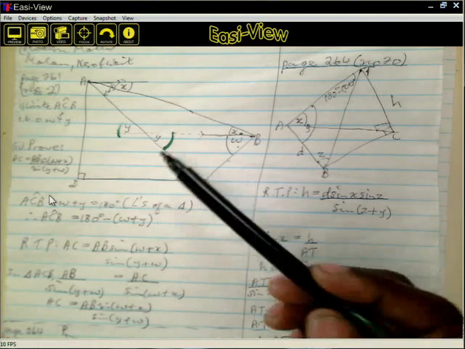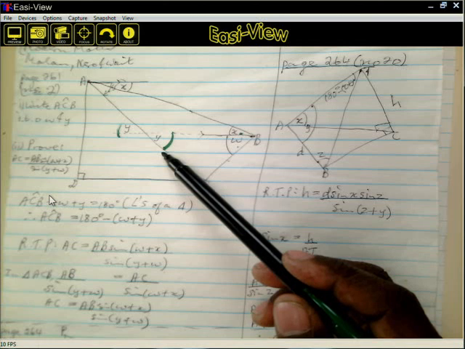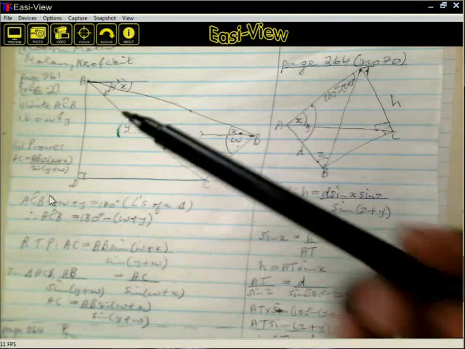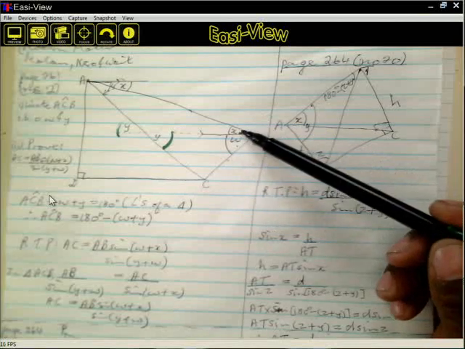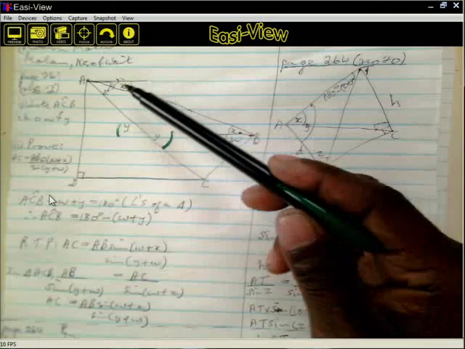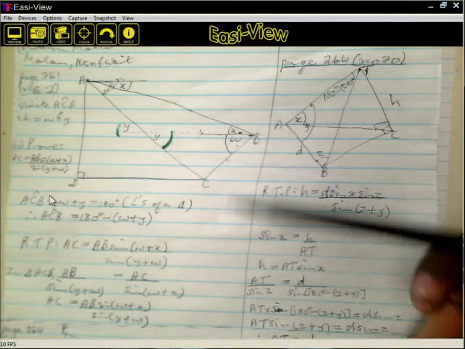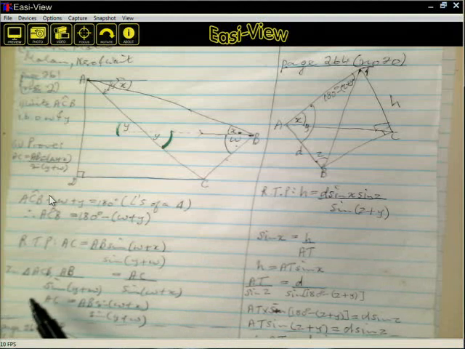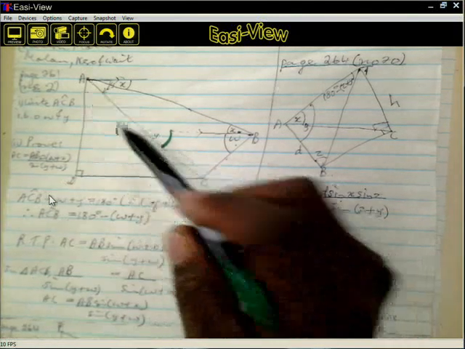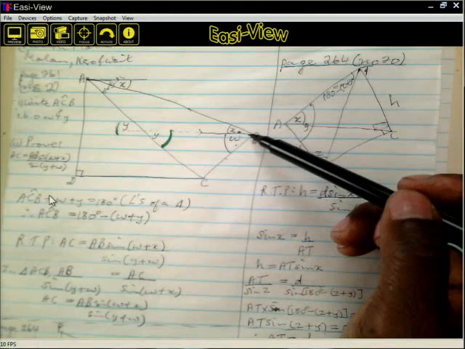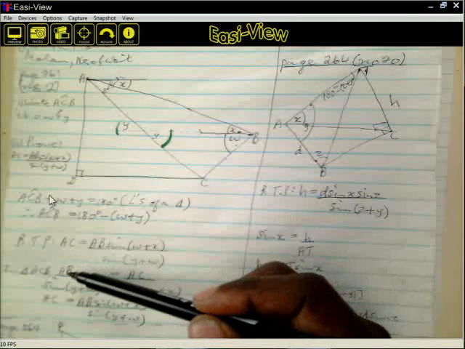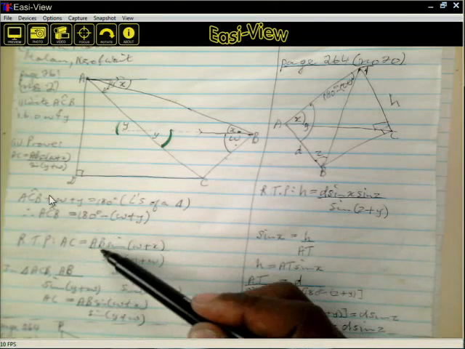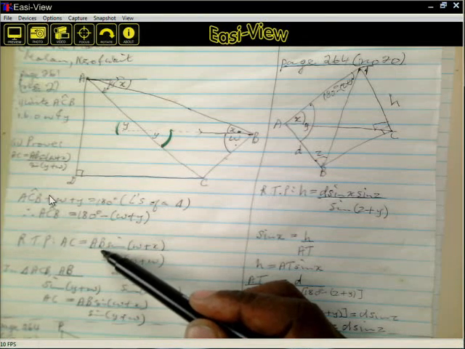In the same way that you did not have Y here, but you had to use your knowledge of parallel lines to get Y here, you also use the same knowledge to get X here, because this X and this angle are alternate angles. And now, in this triangle ACB, which is non-right angled, you need to involve AB. Why? Because it forms part of what you need to prove.